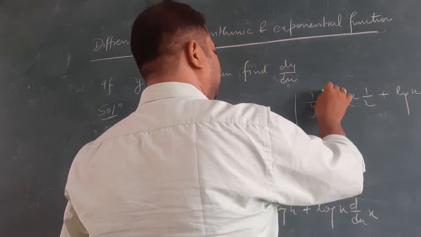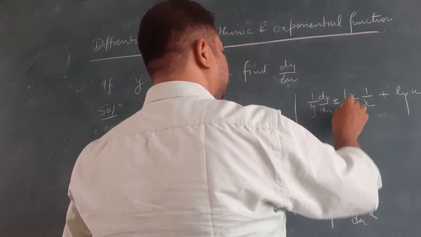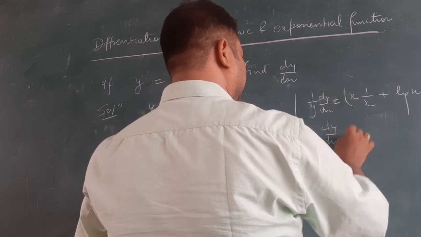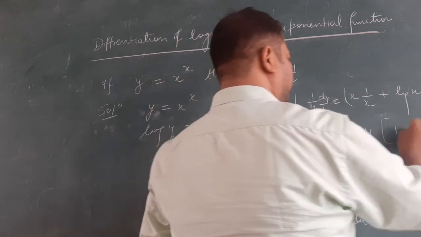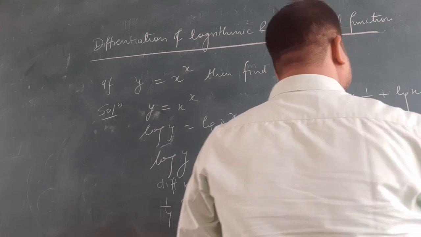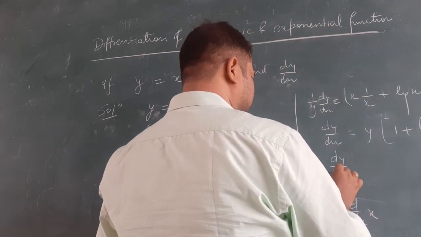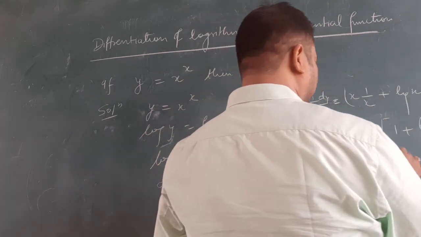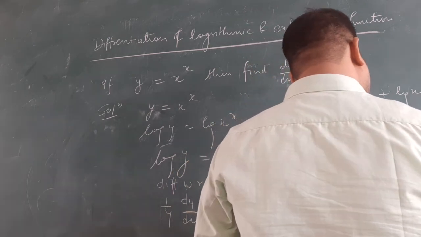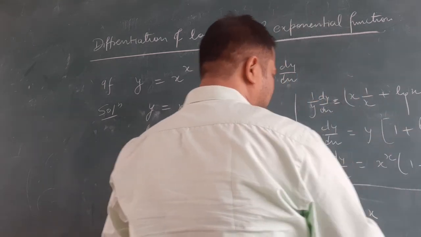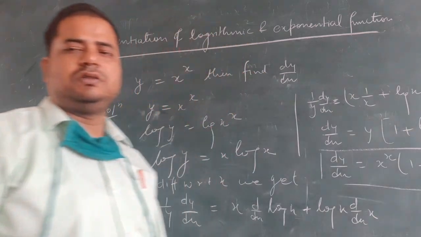So dy by dx is nothing but y times 1 plus log x. So dy by dx, this is nothing but x to the power x times 1 plus log x. This is the solution for this question.